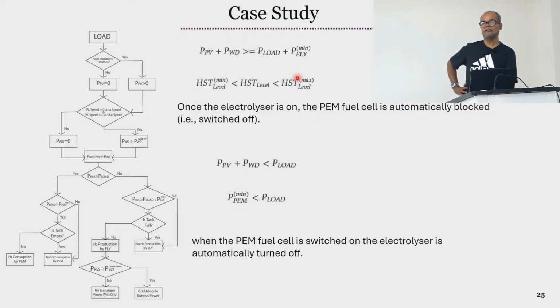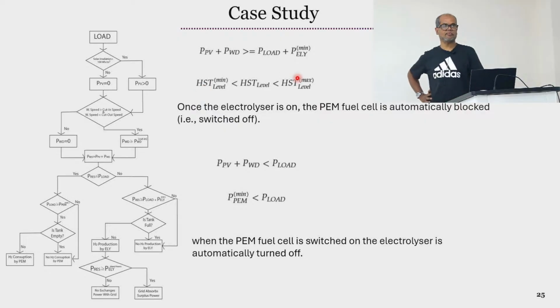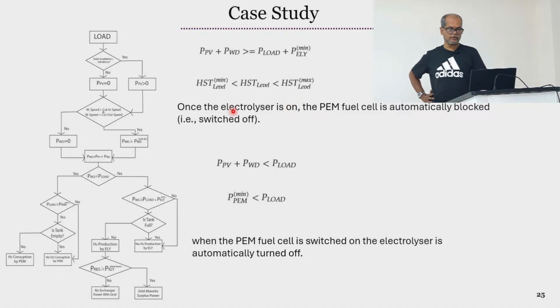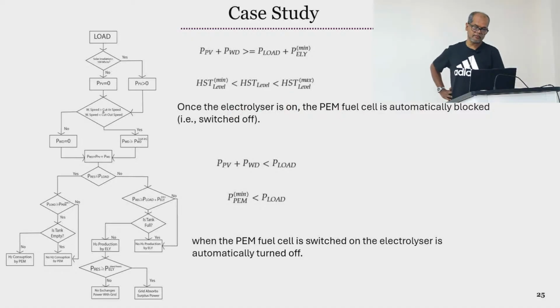Like the battery, we have a minimum SOC and maximum SOC. So here also sometimes people use 10% to 70%. Between that, it will decide whether your electrolyzer is on, and as I say, when the electrolyzer is on, the PEM fuel cell is automatically blocked, so it's switched off.